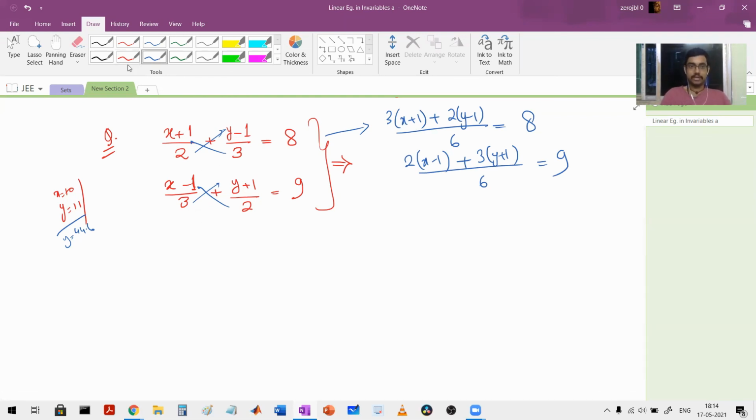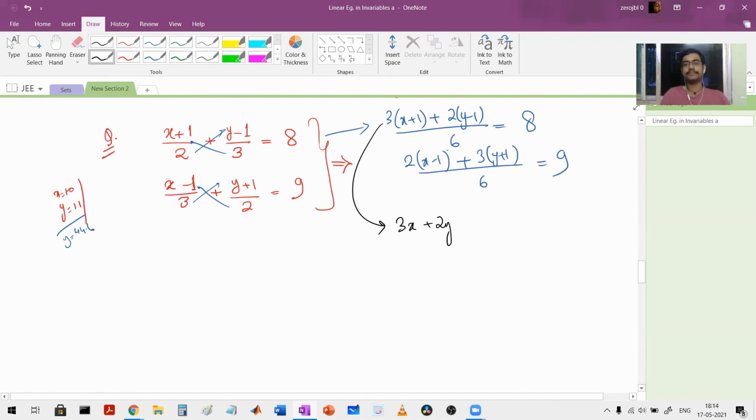If you add it, this is what you will get. So now just a little bit of adjustment. I have 3x plus 2y equal to 47. And if I adjust it, it will be 2x plus 3y equal to 53. Yes, correct.